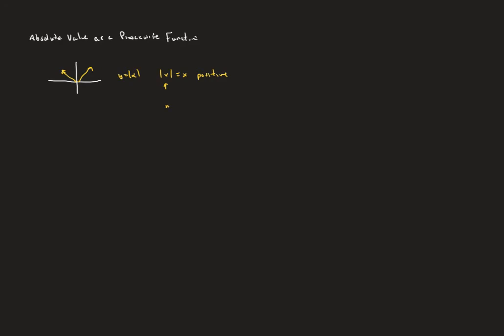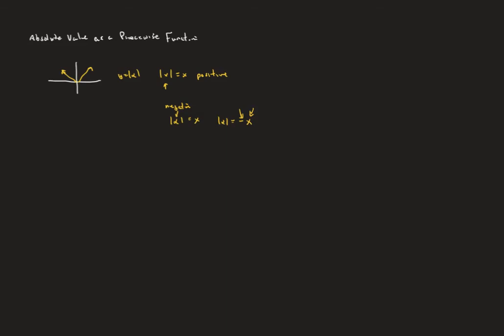Now, if we plug a negative into the absolute value of x, then the absolute value just makes it positive. But what that means mathematically is that the absolute value of x is the negative of x. So it multiplies that negative value by a negative 1 to make it positive.